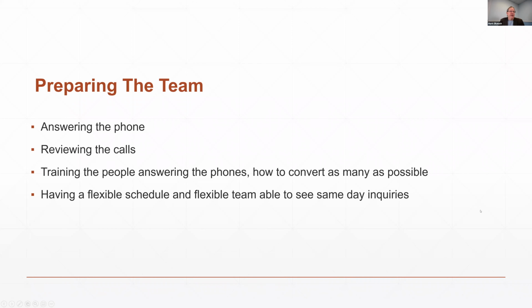So preparing your team. We need to make sure that you're answering your phone, preferably before the second to third ring, somewhere between 2 and 3 or sooner, okay? Remember at the very beginning, I talked about admin costs. There needs to be a platform where your team can see the call, listen to the call.